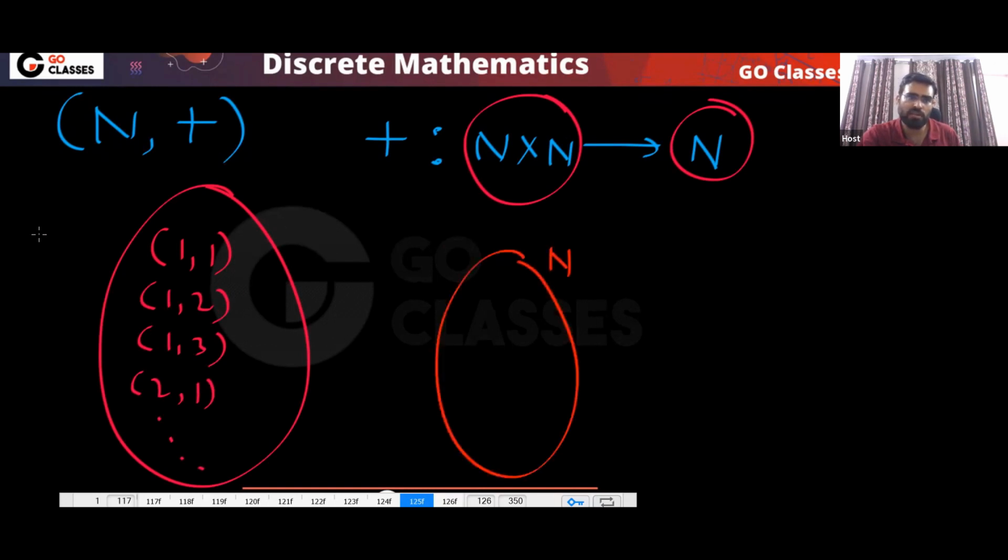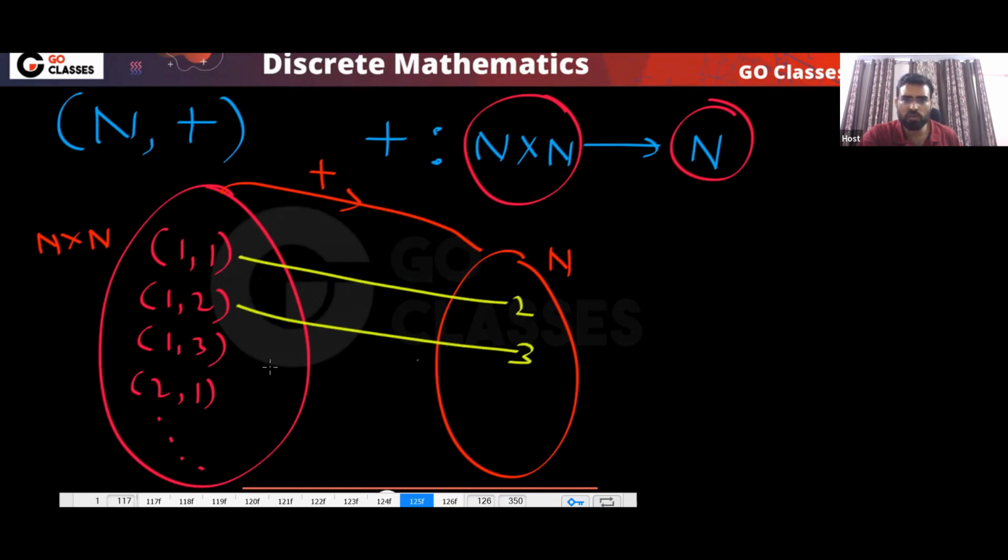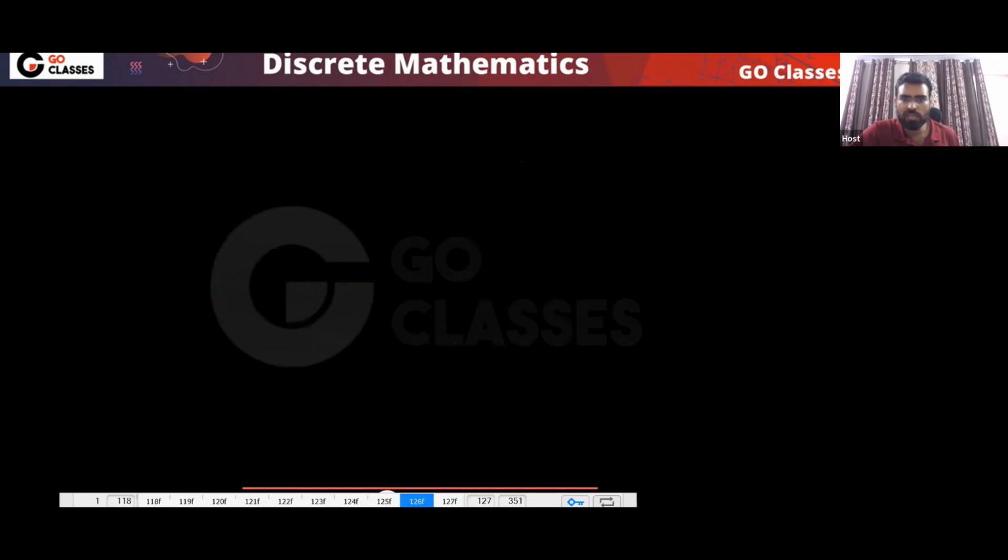For example, (1, 1) will map to 2, (1, 2) will map to 3, and so on. Is it clear to everyone? So these examples you can take.